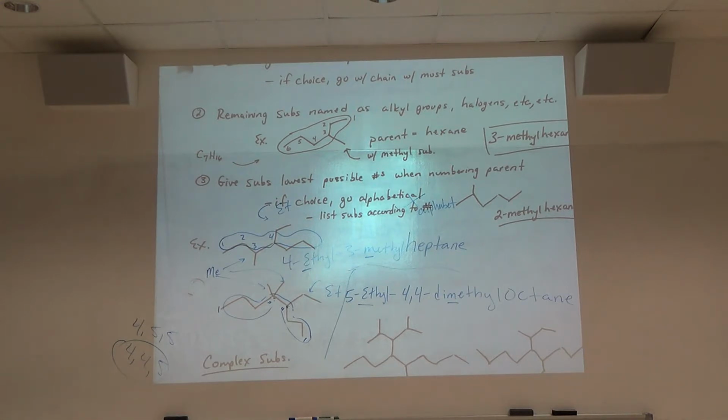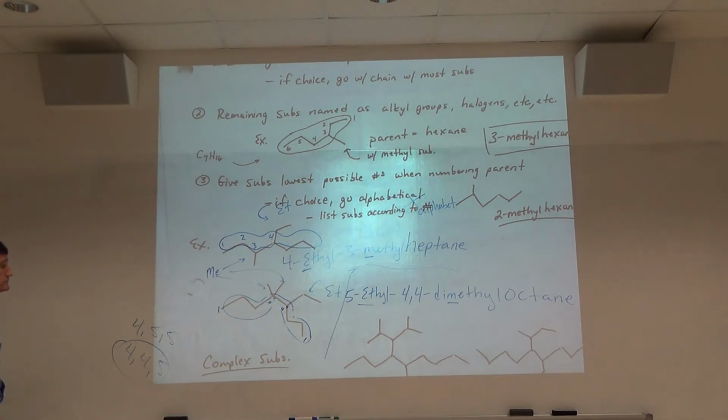So if you had methyls on different numbers, you would just list the same alphabetical order, but with the different numbers? Yeah, you can still say dimethyl. You should not say 6-methyl and 7-methyl. You got 2 methyls, say dimethyl, just put both numbers in front. It's either 2 different numbers or they happen to be on the same carbon.